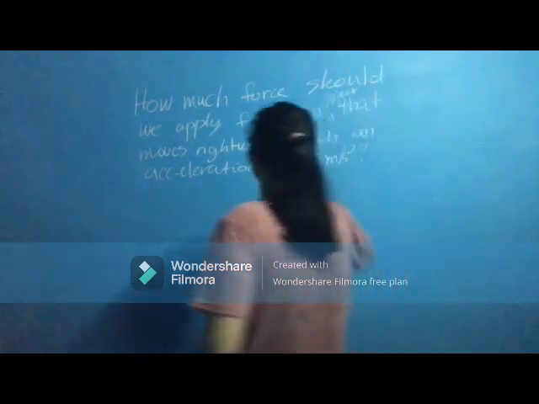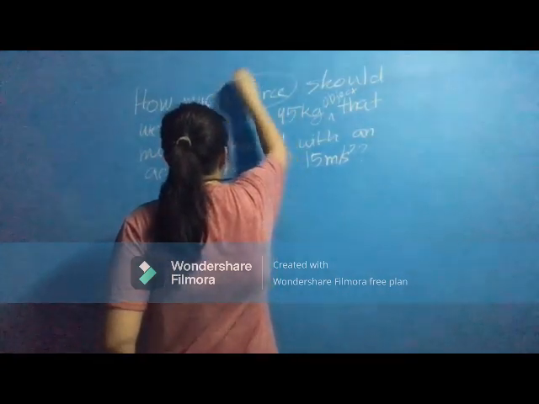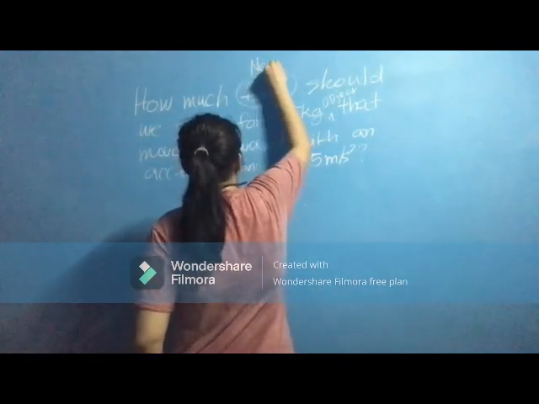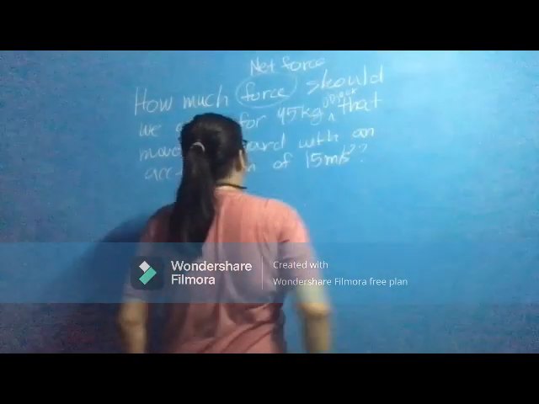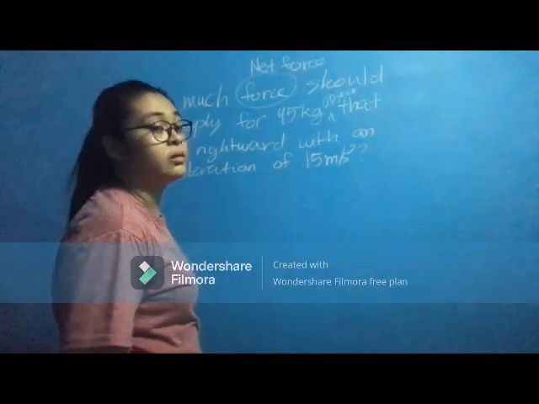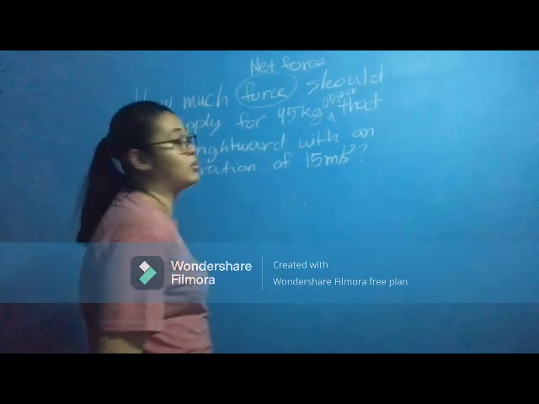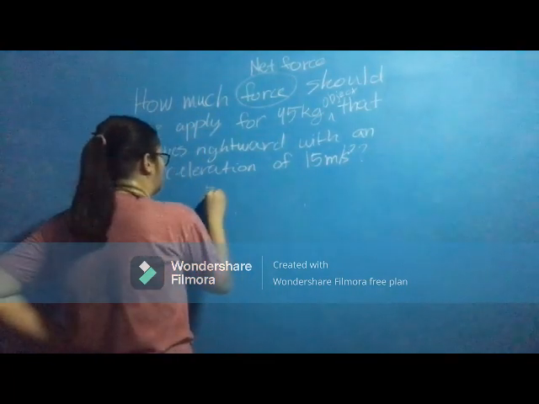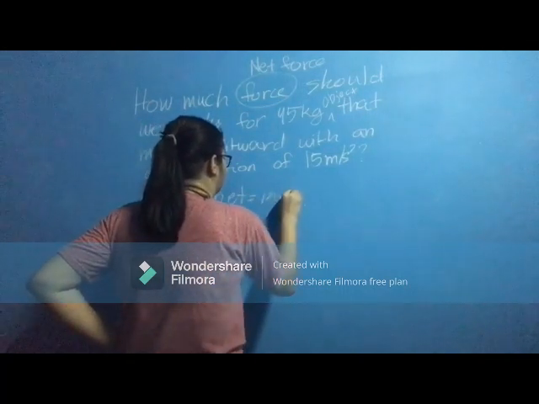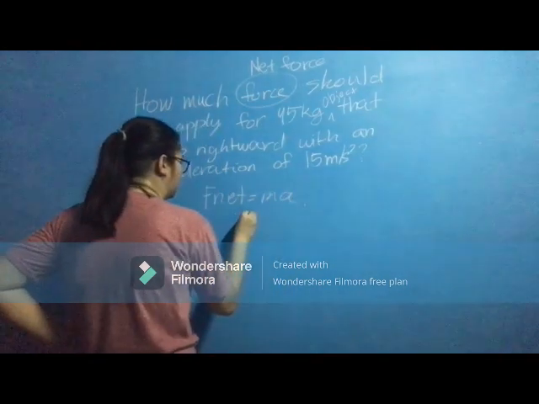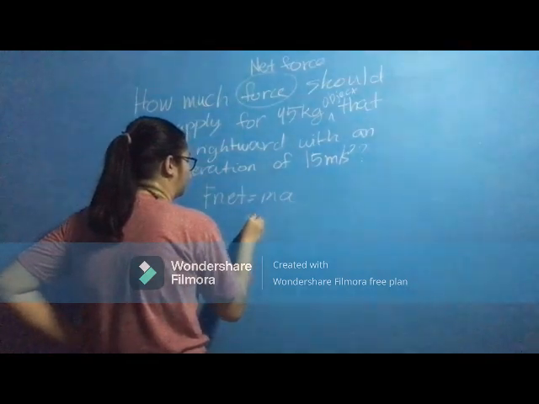Now that force wants us to find the net force. If you remember the equation I wrote earlier, then you already know what the answer is. With this equation, the F net is mass times acceleration. So let's do that.